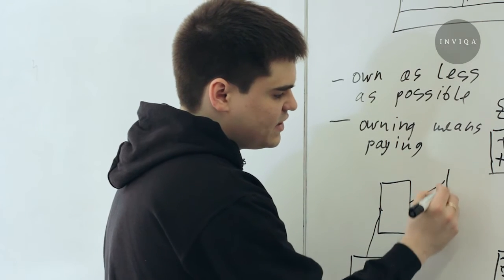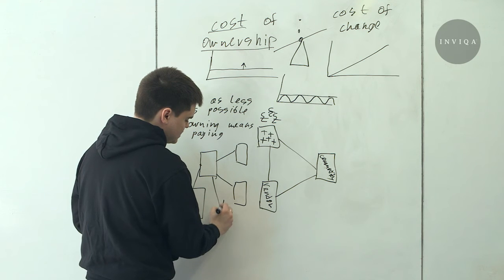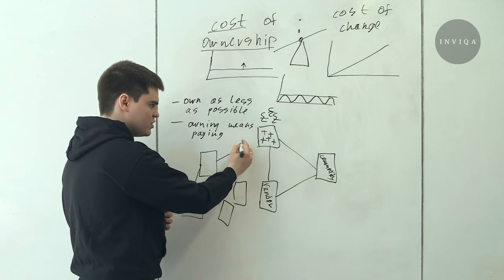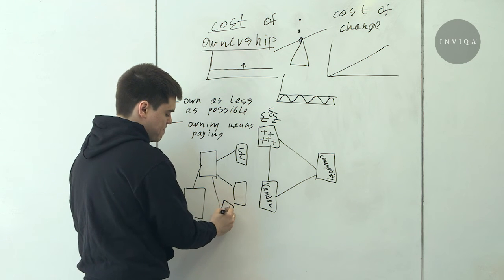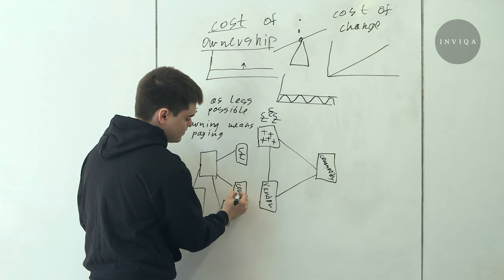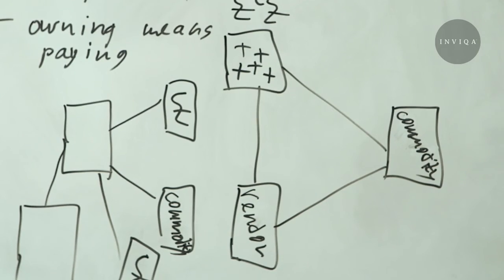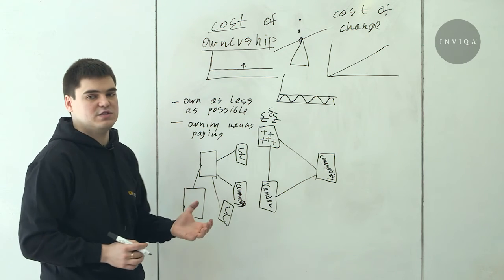So what they need to do is separate these big modules into smaller pieces and take ownership over some of those modules, but outsource all the rest. And that is essentially how you keep a tab on the cost of change in the legacy system without the need to rewrite.